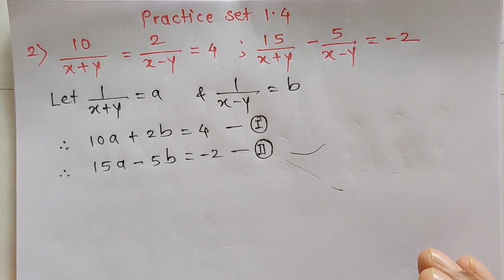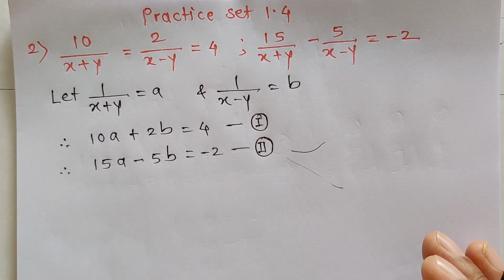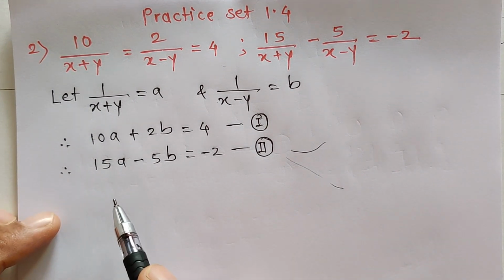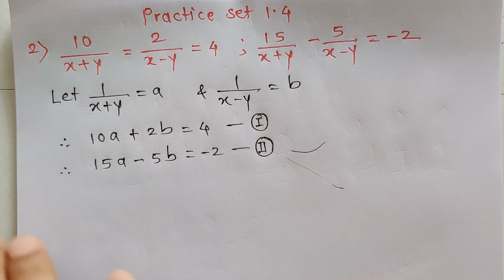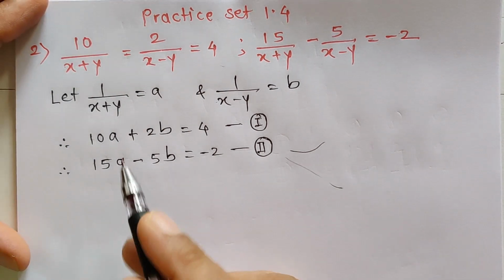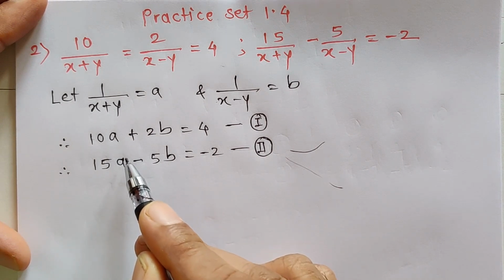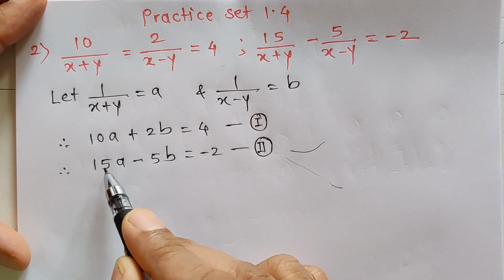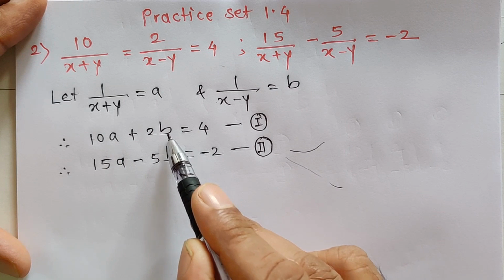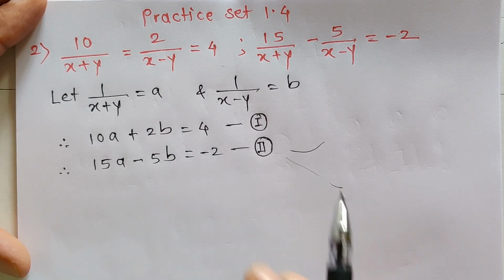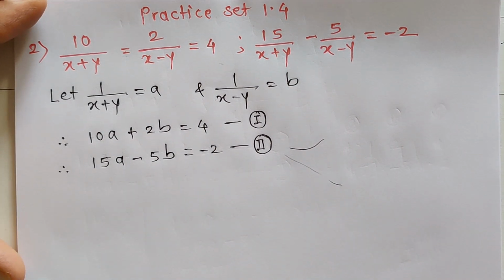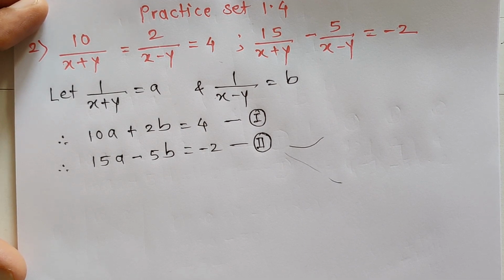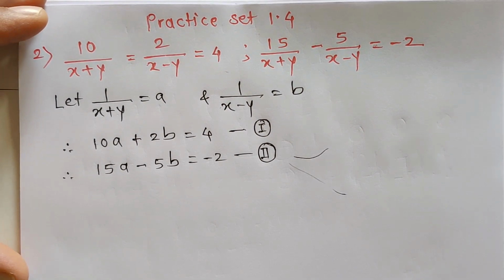Now we have to solve these two equations, equation 1 and equation 2, by algebraic method. So here observe the coefficient of a. The coefficients of a are 10 and 15. Coefficients of b are 2 and 5. The coefficients of both the variables are unequal, so we can make them equal.